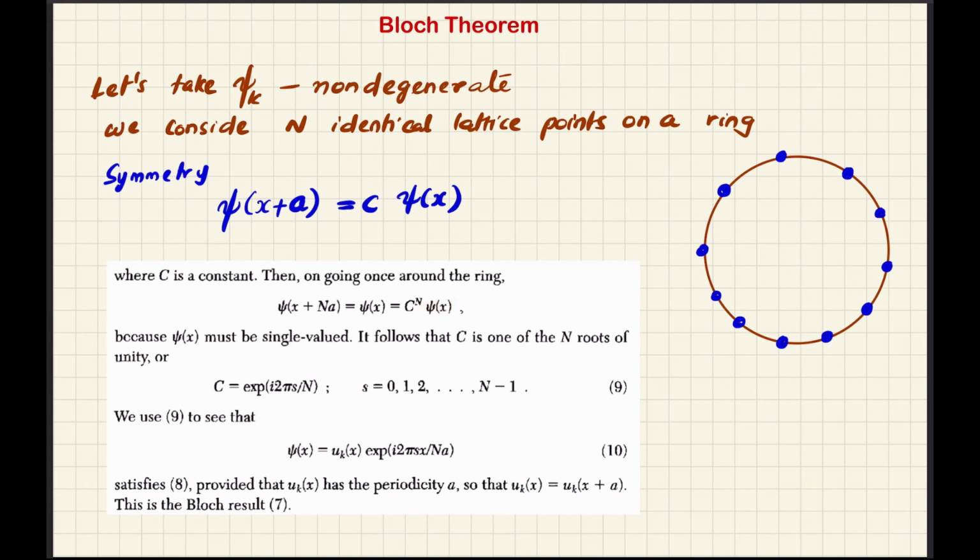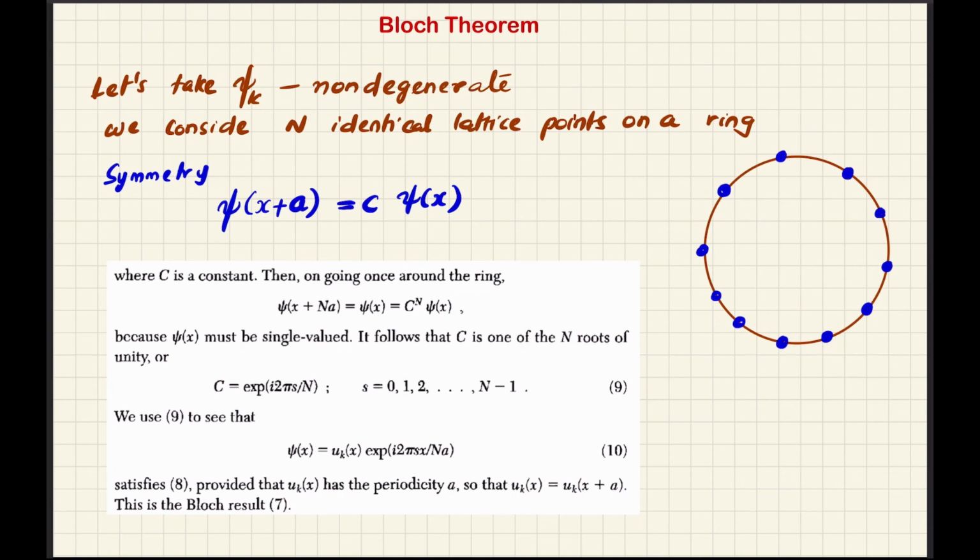Because psi of x must be a single-valued function, it should not be different. If you displace N times and the value at the two points is the same, then it should be single valued. It should not get two different values for the same wave function.